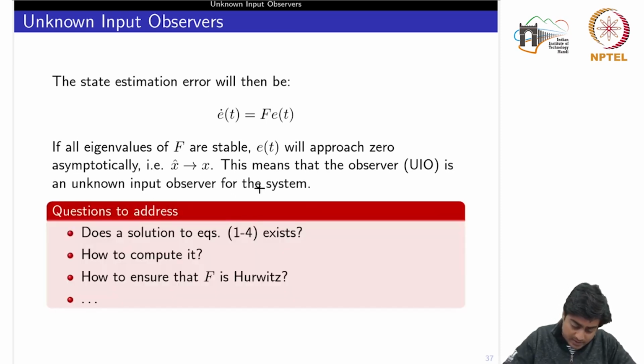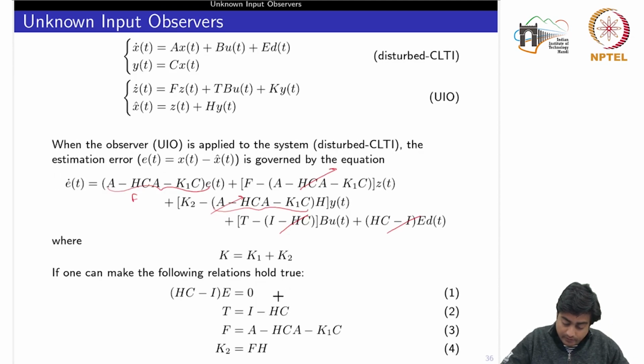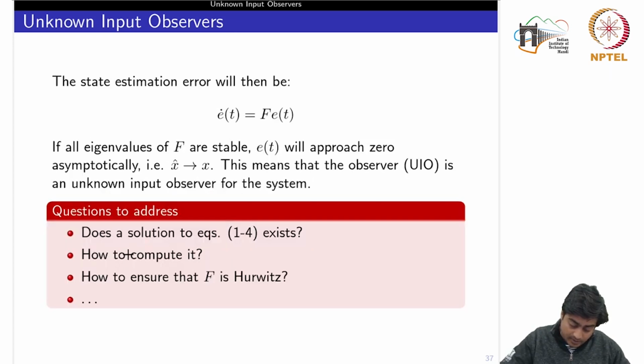But the question which further arises is, does a solution to equations 1 to 4 exist? Meaning to say whether we could solve these equations. As we had seen, these are the parameter matrices of the observer which we need to synthesize: F, T, K, and H. If there is a solution, then how can we compute the solution of these equations, and at the same time how to ensure that F is a Hurwitz matrix, because F is not the matrix which we are assigning or defining.